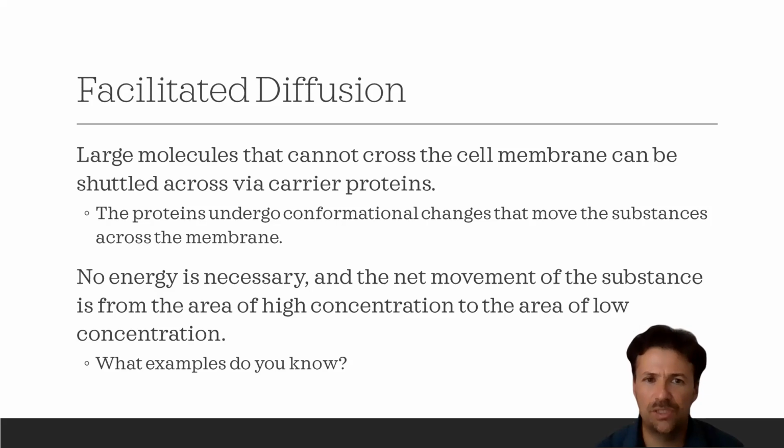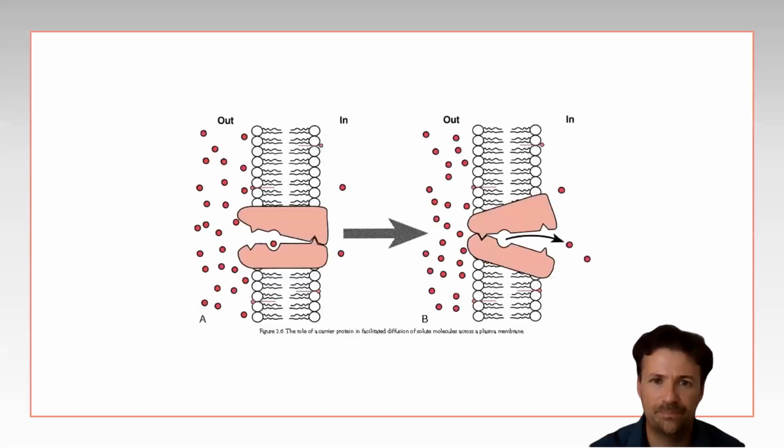Now, please note that in this case, the movement is still from the area of high concentration to an area of low concentration. And so because of that, no energy is required. But what is required is a transporter or a protein. And this is often called protein-mediated transport or facilitated diffusion.